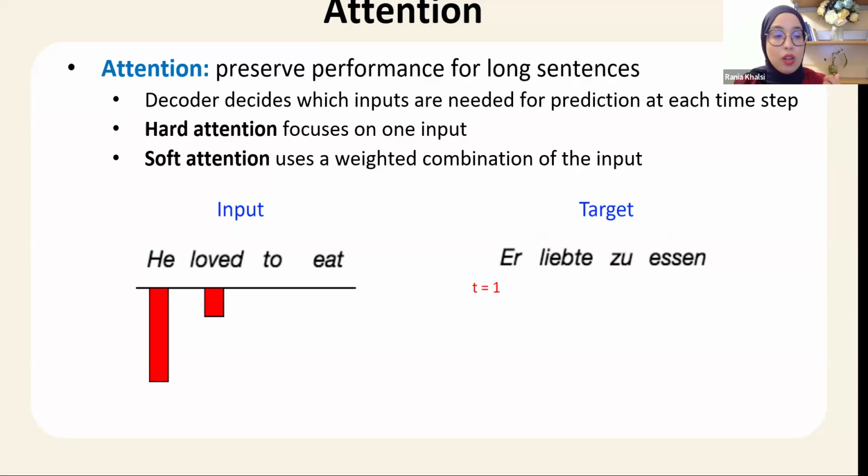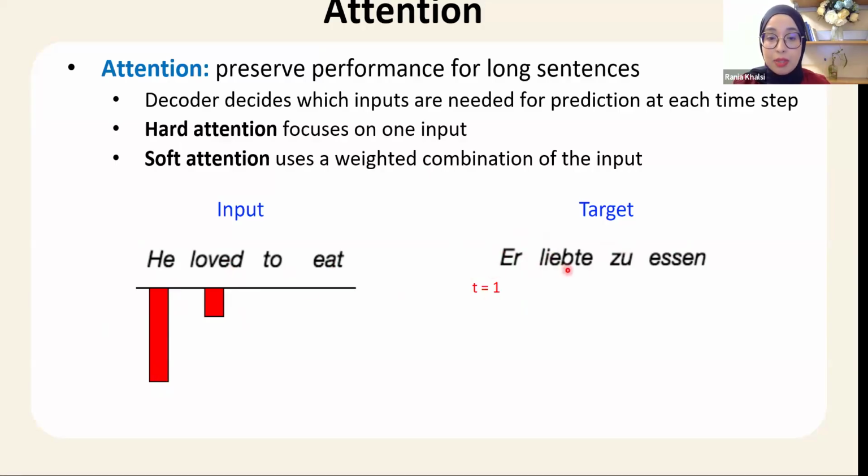For the first time step, instead of considering time steps one by one as in hard attention, I focus only on the first time step and think of all the input tokens. For each of these tokens there is an importance; here you see the most importance is for he.